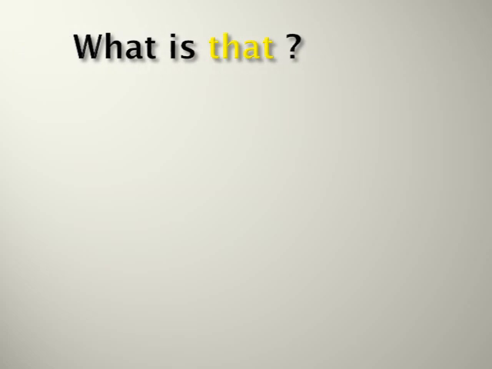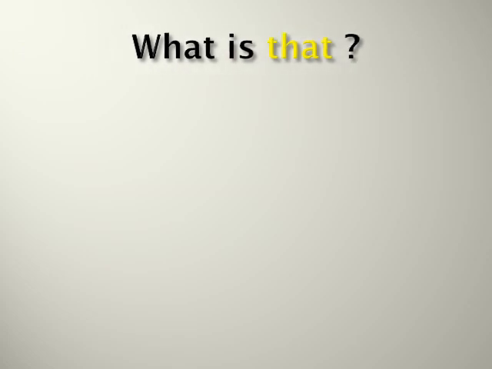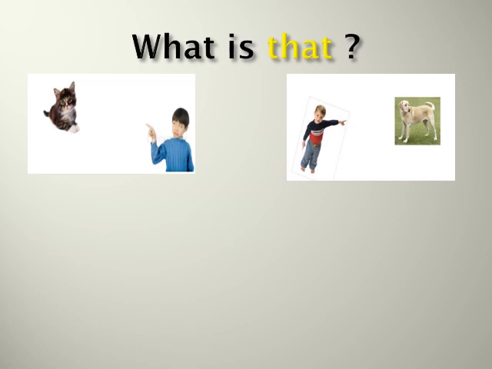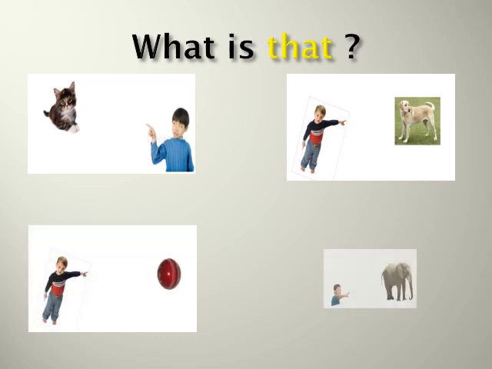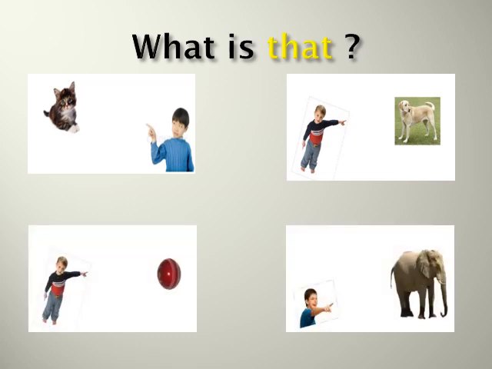Our next question is, what is that? Here, the boy shows a cat, a dog, a ball, and an elephant. Let's look at the sentences. That is a cat. That is a dog.